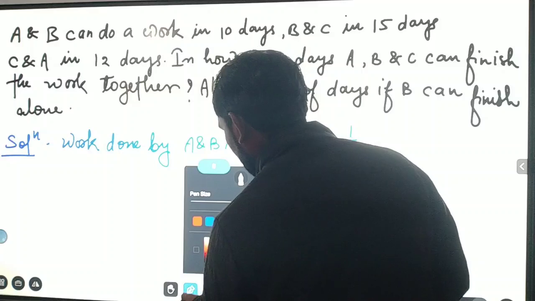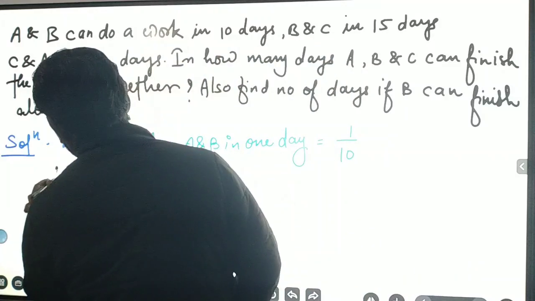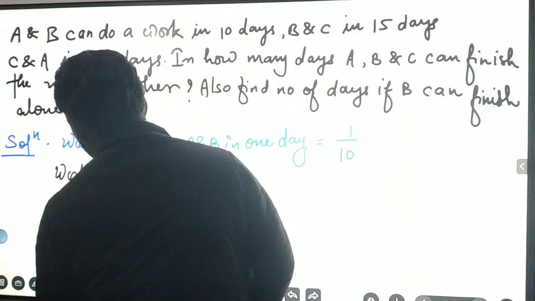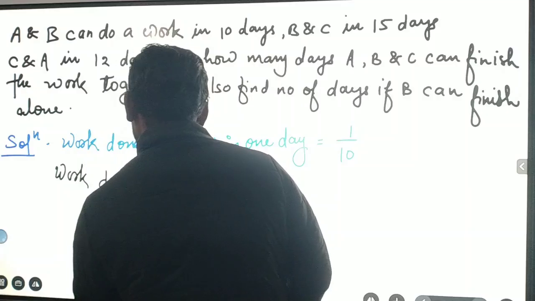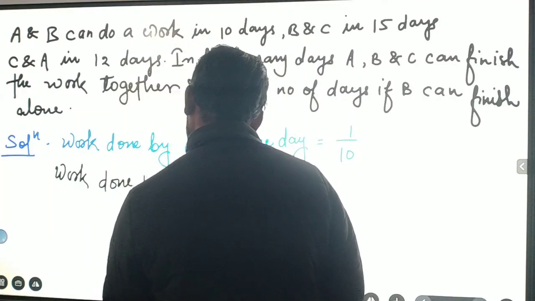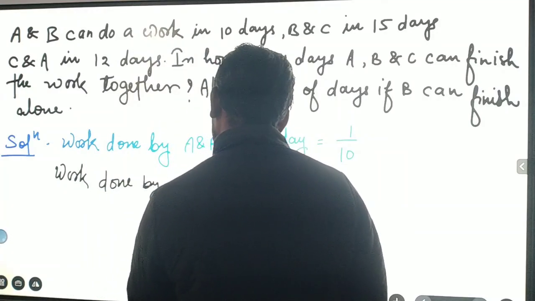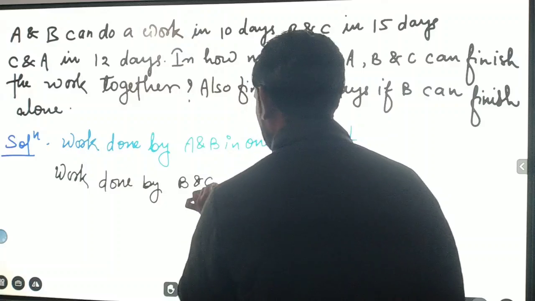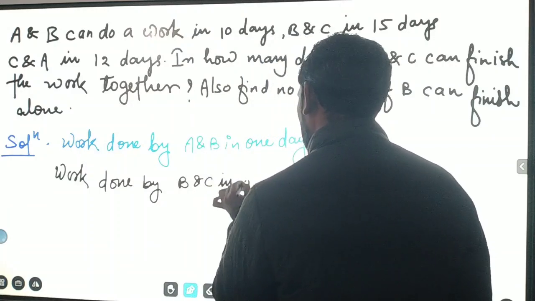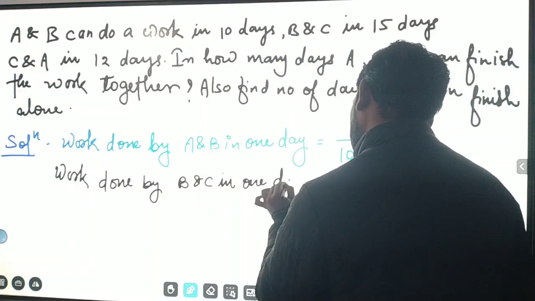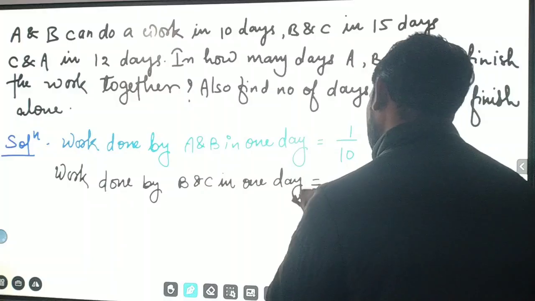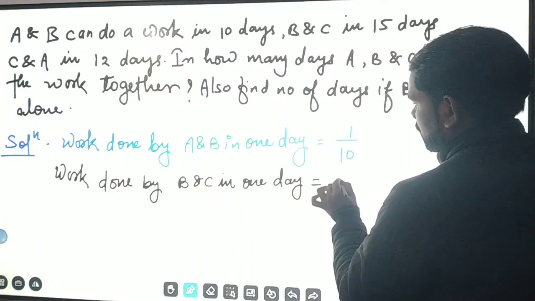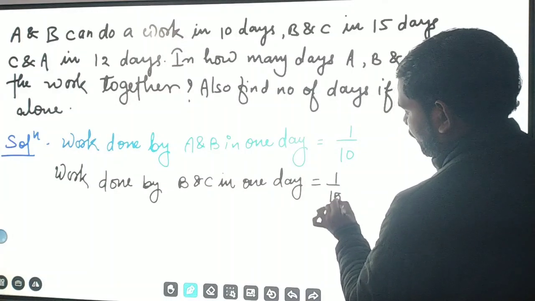Similarly, we write work done by B and C in 1 day, and this will be equal to 1 upon 15.